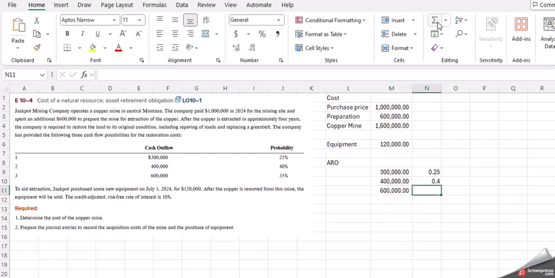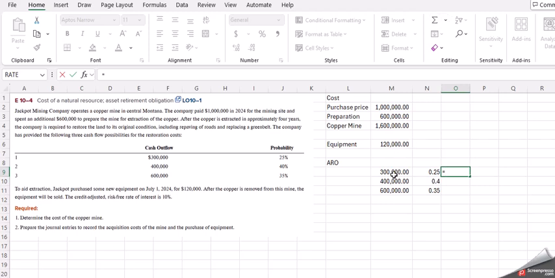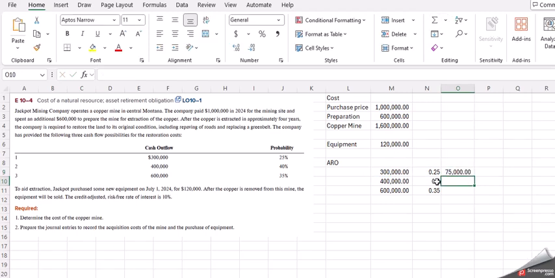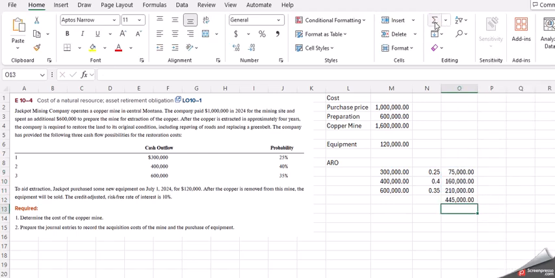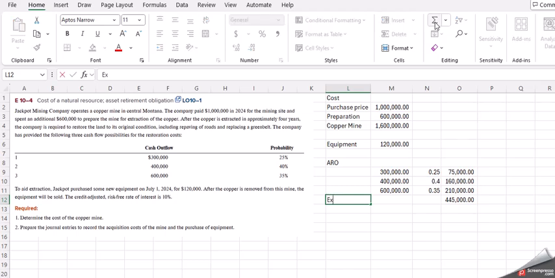So we really don't know how much it's going to cost us. We're just making some estimates. So then if we take that times our probability, and do that for all three of those levels, and then we'll add those up. So then this is what our ARO, the estimated liability, is going to be.